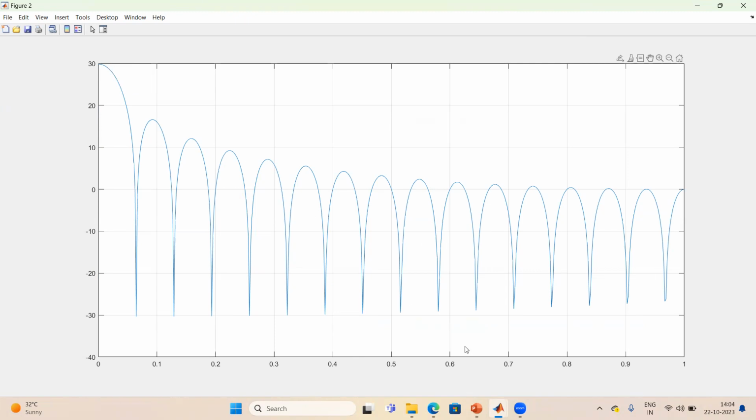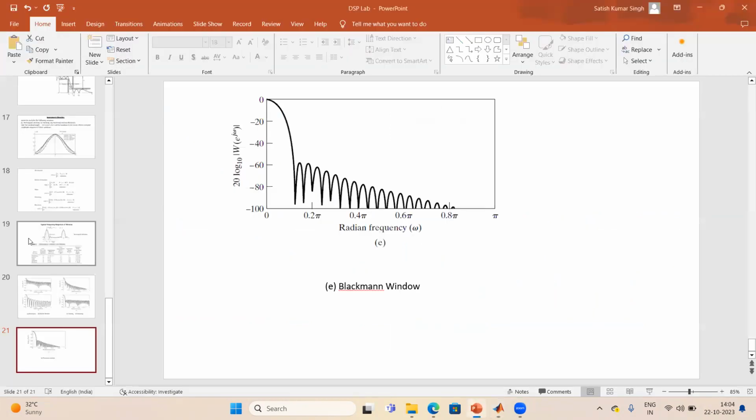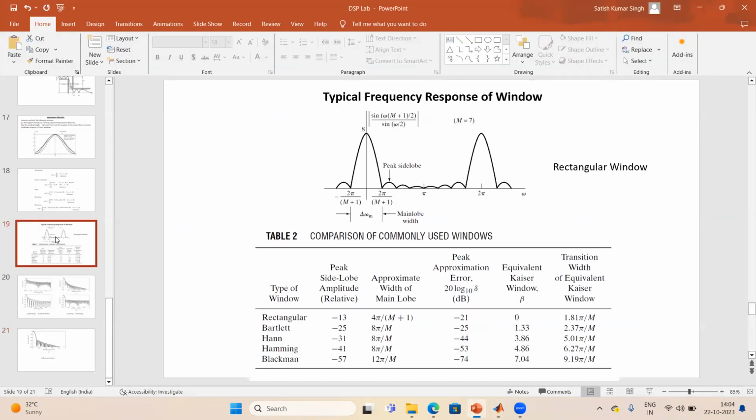As I said, if you make a comparison with respect to this table, for the rectangular window the approximate width of the main lobe is 4 pi divided by M plus 1. That is because 4 pi divided by M plus 1 also considers the negative part of our frequency.